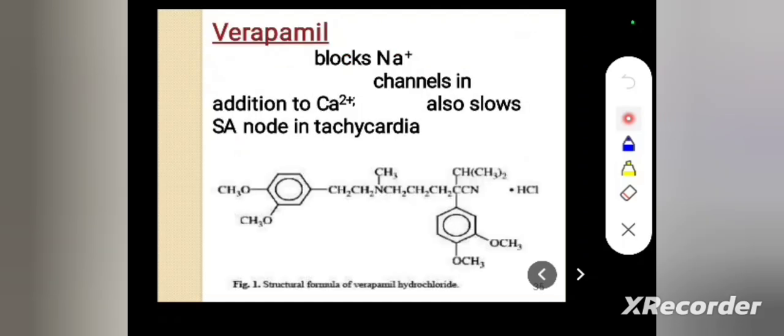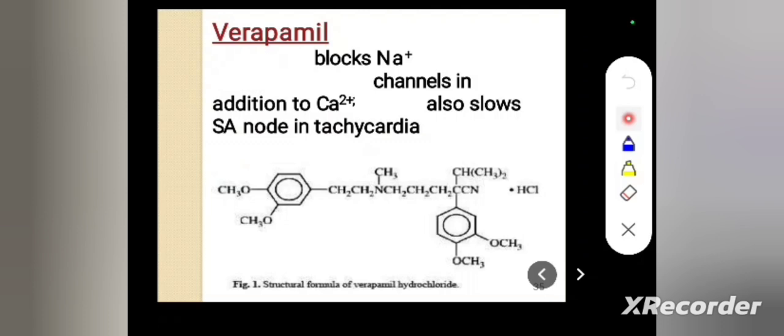Next, the individual drugs of the calcium channel blockers. First is verapamil. When talking about verapamil chemistry, it can block sodium channels, and in addition also blocks the AV node in tachycardia and shows the antiarrhythmic property.